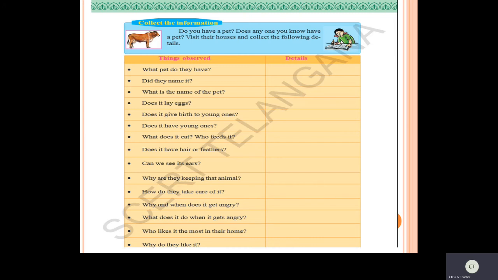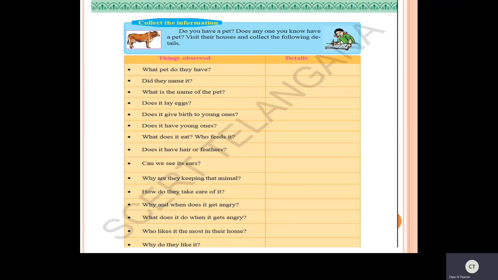Why and when does it get angry? See, children, whenever we don't give food or we hurt the dog, it gets angry, right? So we should not hurt animals, and we should give timely food and water.